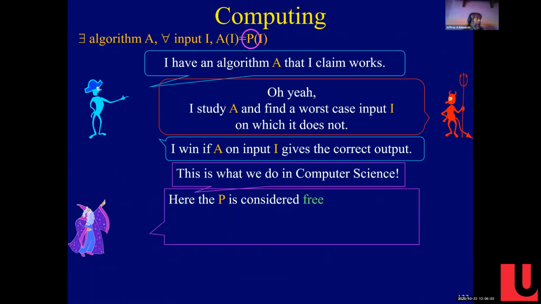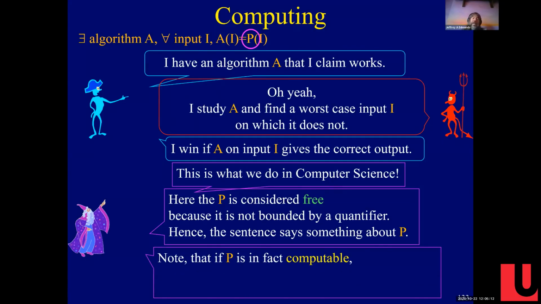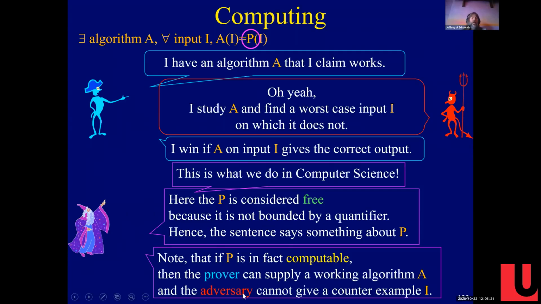That's what we've been doing all along, right? And as I said, P is free, because it's not quantified, and hence the sentence says something about P. And as you all know, if P is in fact computable, then the prover can supply a working algorithm such that no matter what the adversary does, the adversary can't find a counterexample, right?